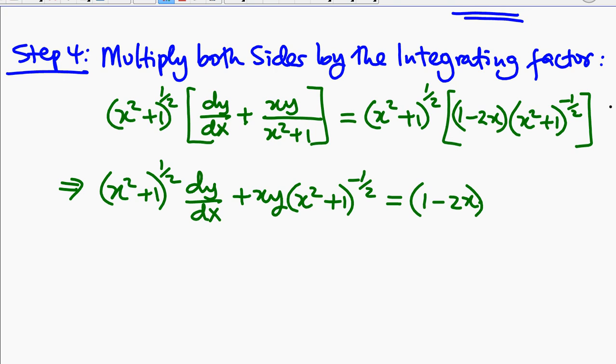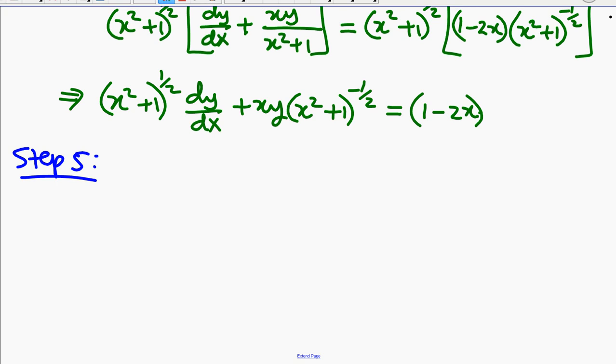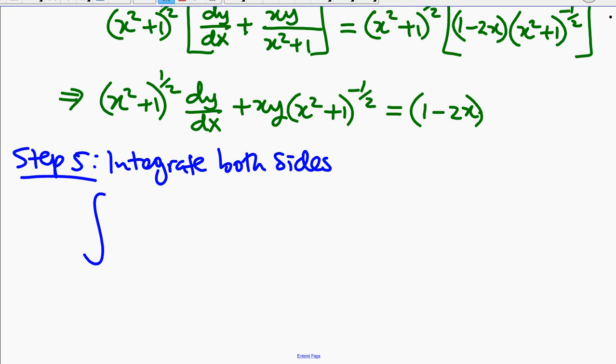All right. So step 5. What we shall do is integrate both sides. So if we integrate both sides, we shall end up with the integral of whatever we had initially.